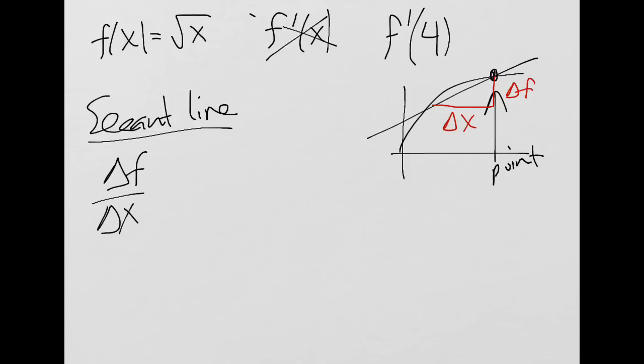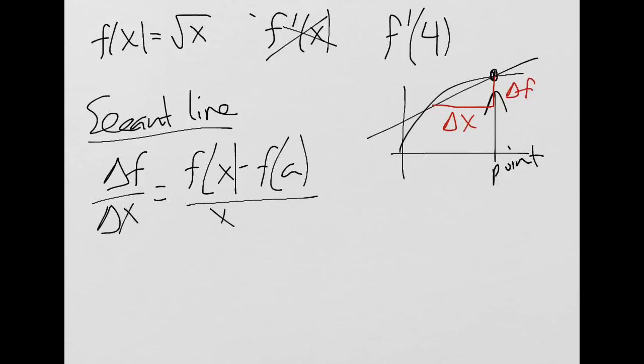And I can write that as f of x minus f of a all over x minus a, if this was the x value that I was looking at and this was an a value, right? I talked about that a little bit in the previous video.